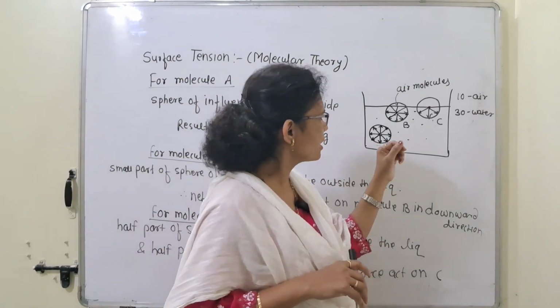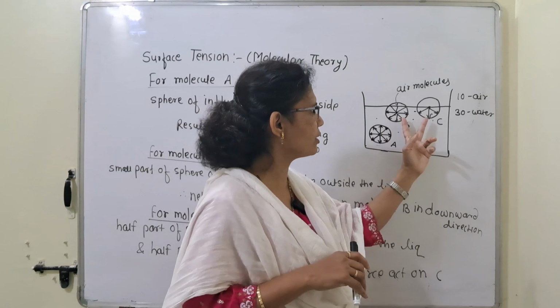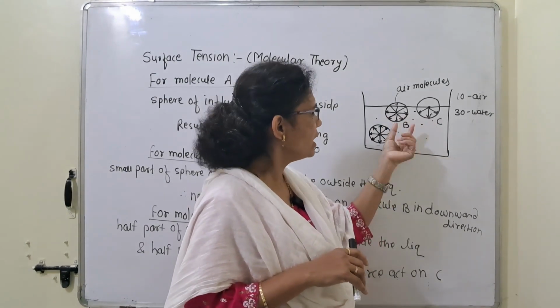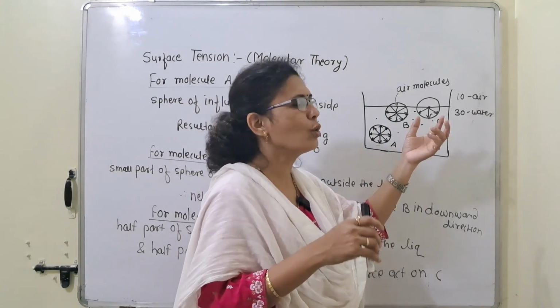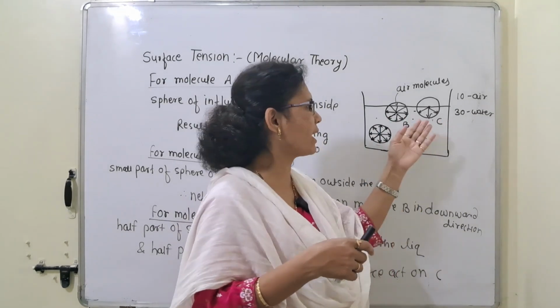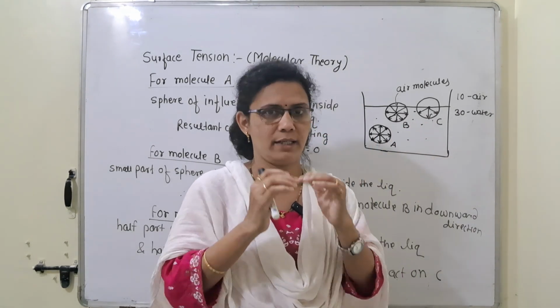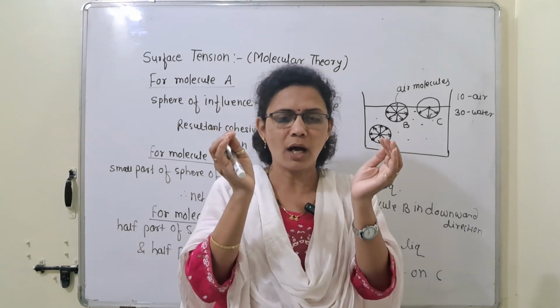Then what happens if these net cohesive forces are acting on these two molecules, molecule B and molecule C? Here the cohesive force will be greater compared to the downward cohesive force acting on molecule C, but both are in downward direction. Net cohesive force is acting in downward direction.